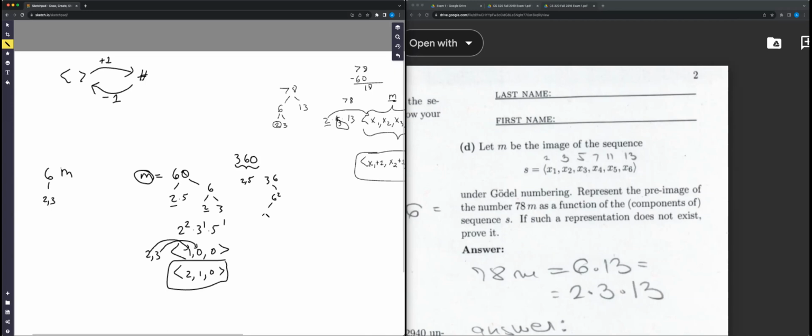So this is 2, 3 and 2, 3. So our prime factorization is 2 to the 3rd times 3 squared times 5. How do we turn this into a sequence? You just subtract 1 from the exponents. So we get 2, 1, 0, and they're the same.